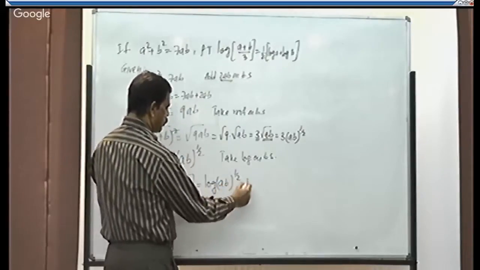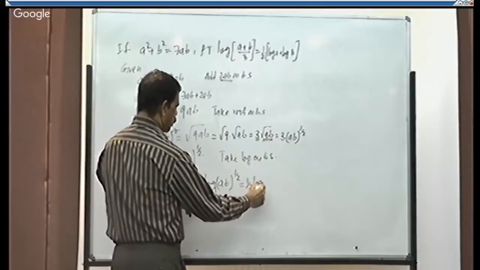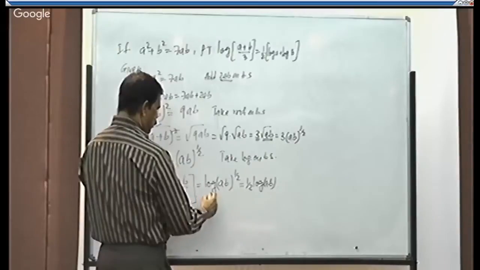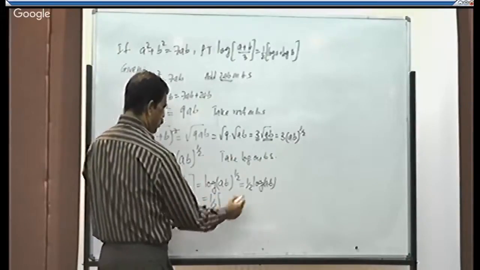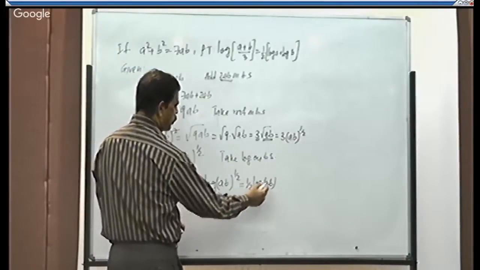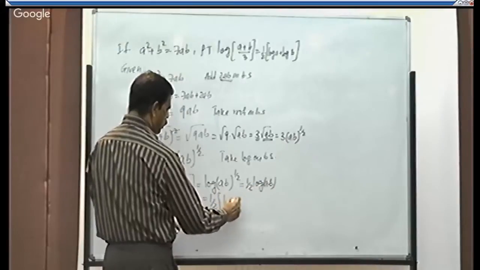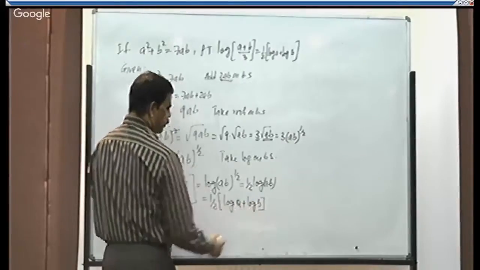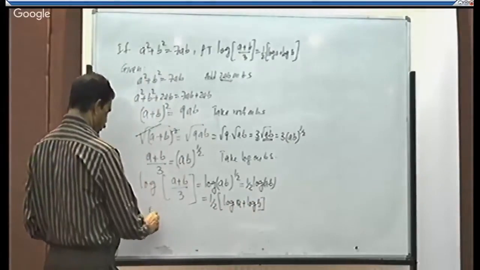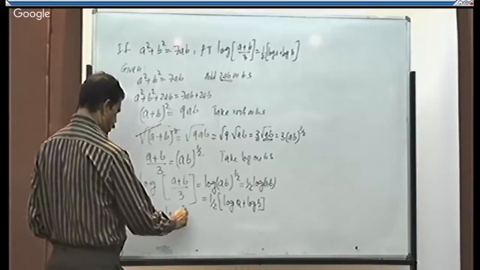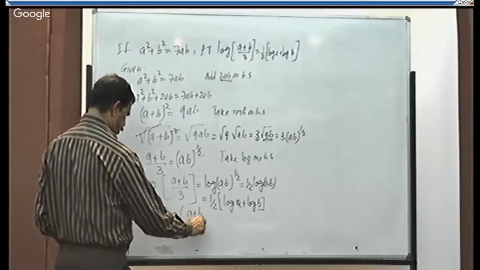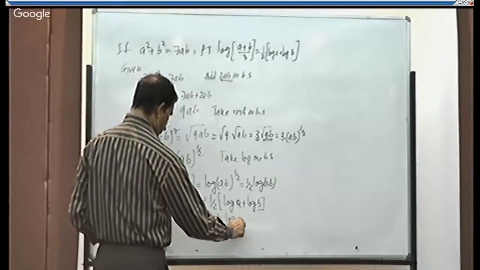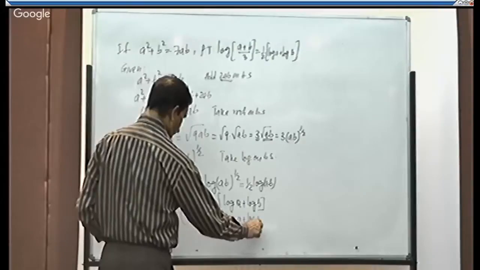Log m to the power n is equal to n log m, that is log ab to the power of half is equal to 1 by 2 into log ab. Log mn is equal to what? Log mn is equal to log m plus log n. That is, log of a plus b divided by 3 is equal to 1 by 2 into log of a plus log of b.